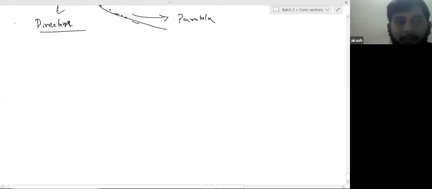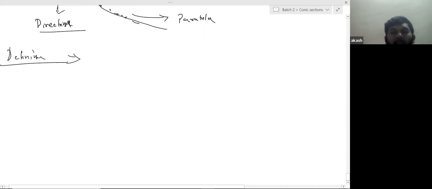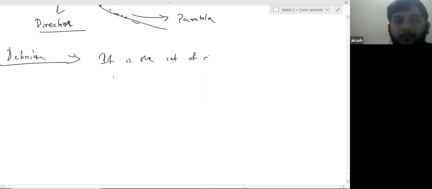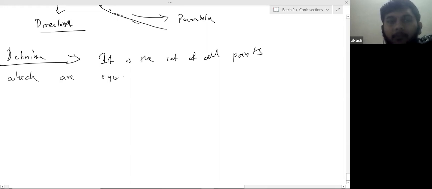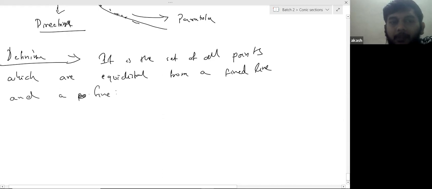Write down the proper definition. It is the set of all points which are equidistant from a fixed line and a fixed point.